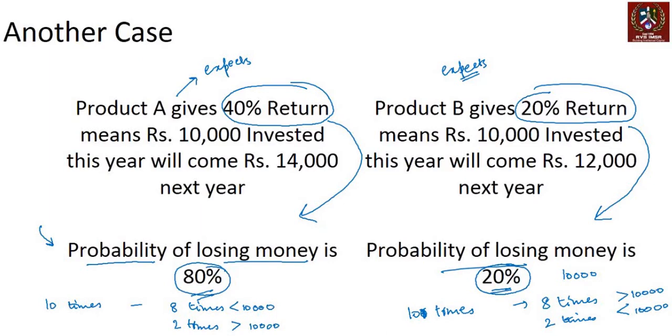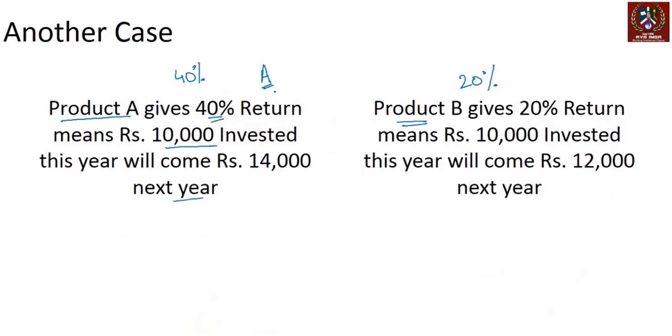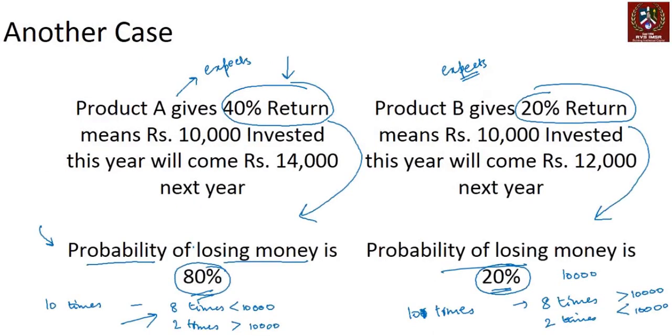Now, some of us may want to risk this for an expectation of a 40% return. Some of us may not want to do that. So now the decision making changes. It is not so clear. It was very clear here that everyone would have chosen product A. But the moment you introduce the concept of uncertainty, that there is a chance of you losing money on it, the decision making is not so clear anymore, right?